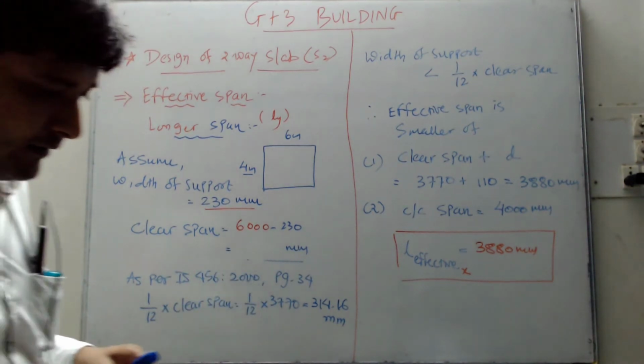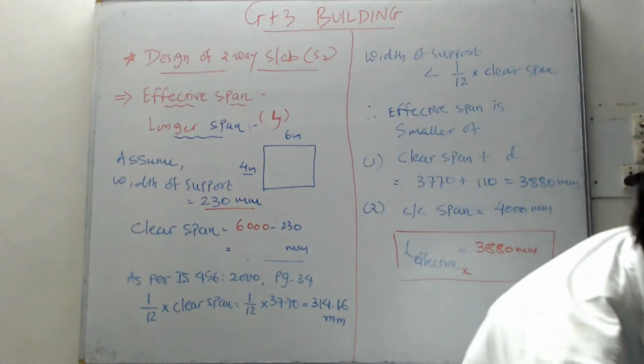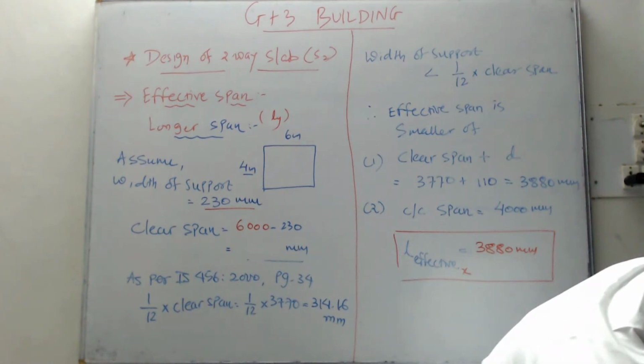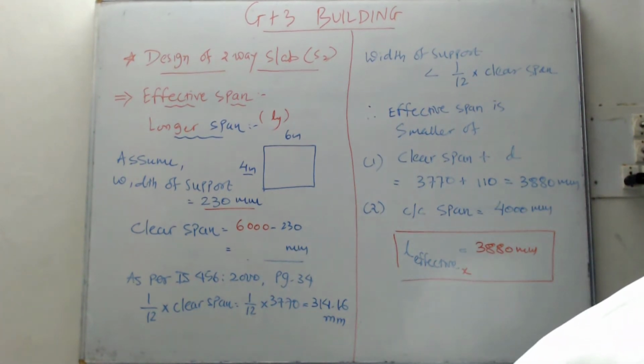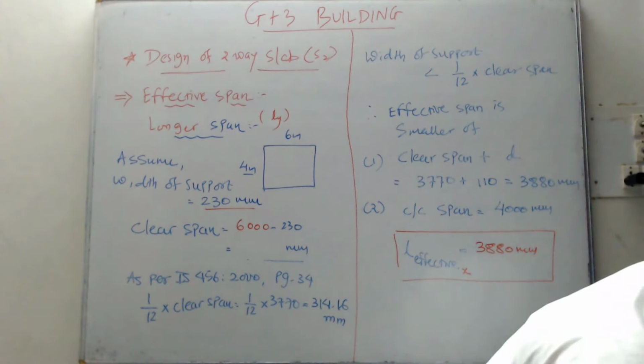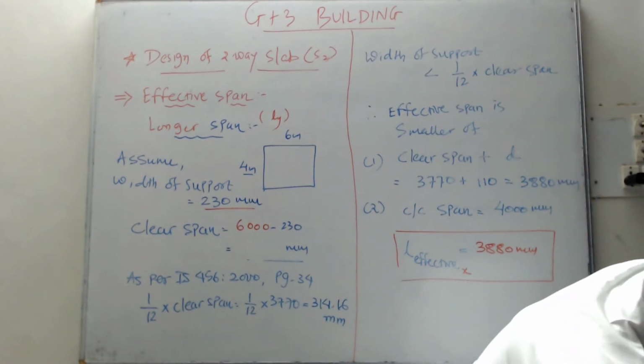this answer will come out to be, just a minute, let me quickly open the calculator and calculate the value. 6000 minus 230.